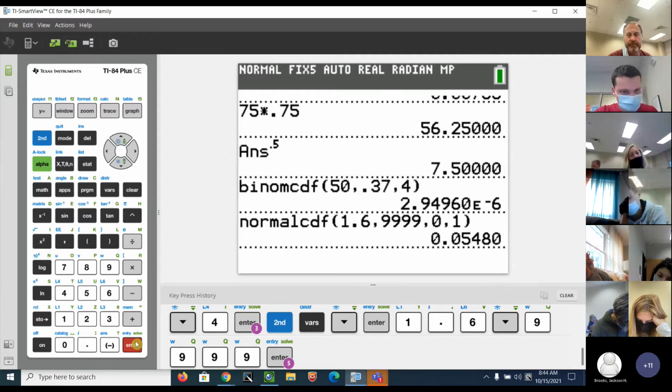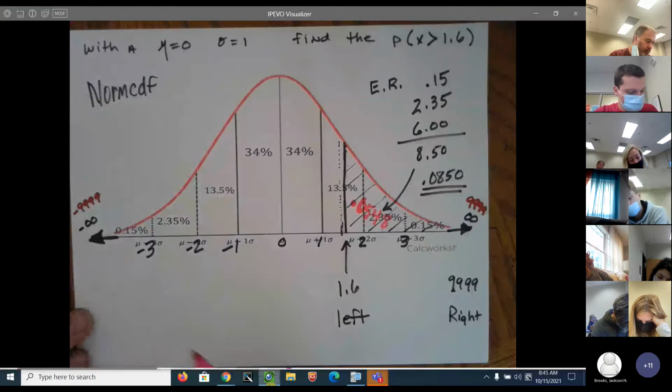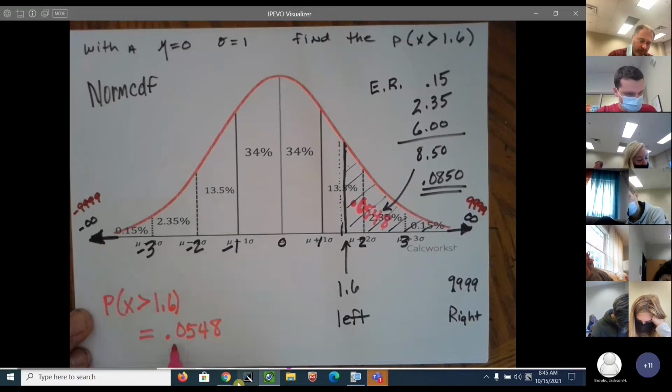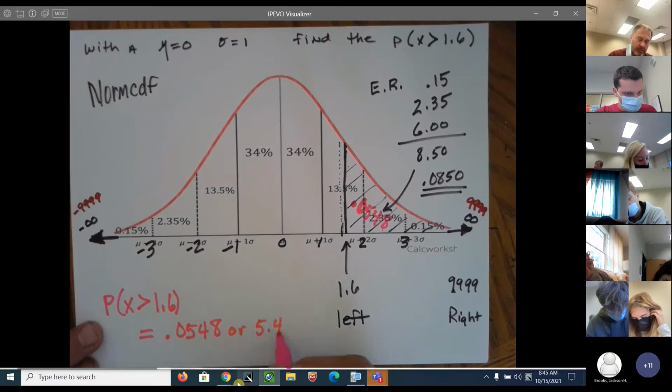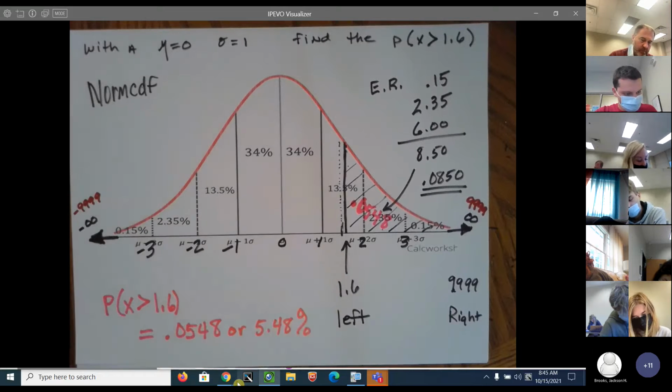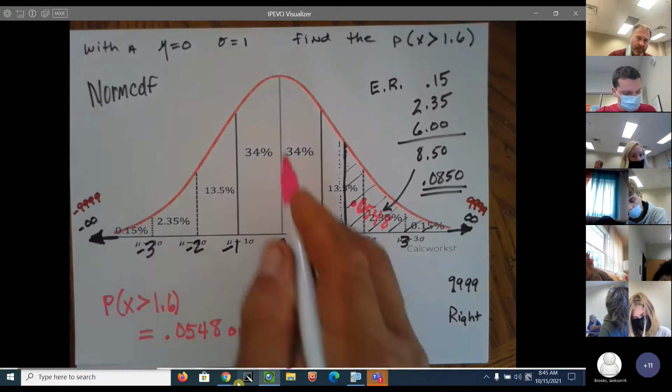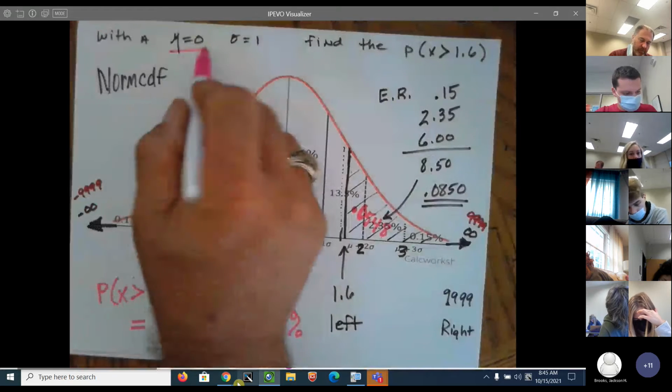So the probability of having a score greater than 1.6 is equal to 0.0548 or 5.48%. And that's how you do a 0-1 graph.